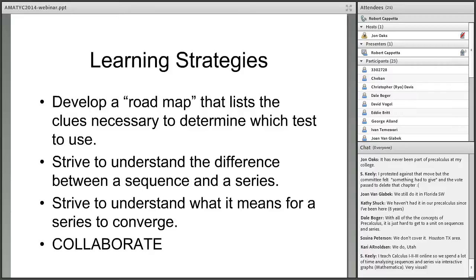Again, I think it's important for students to strive to understand what it means for a series to converge. I believe that the informal notion of having an infinite number of terms that add up to stabilize at some number is what all students will start with. And I think that's fine. I think that's a good thing. The partial sums definition is very, very difficult for students to get.